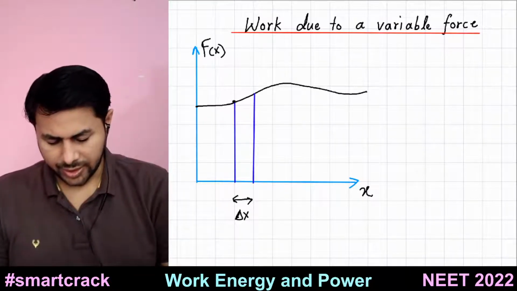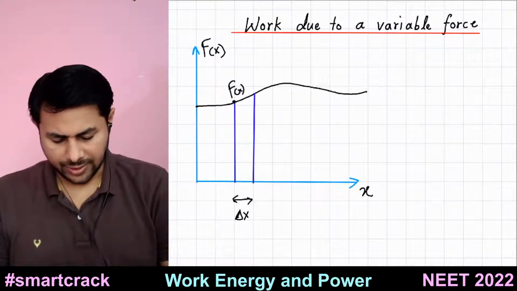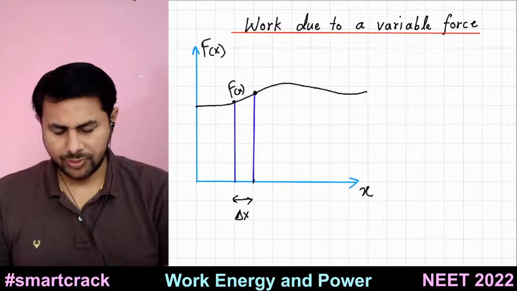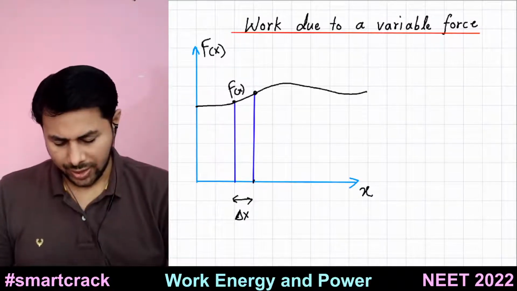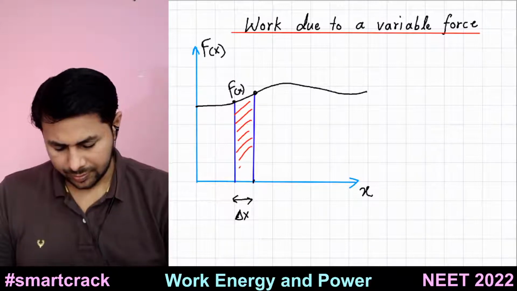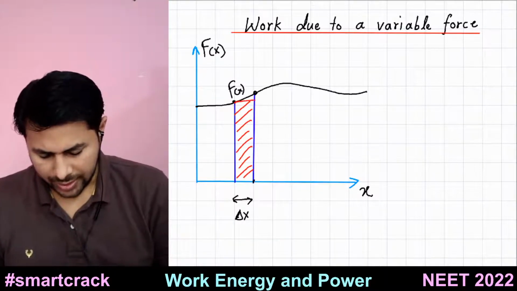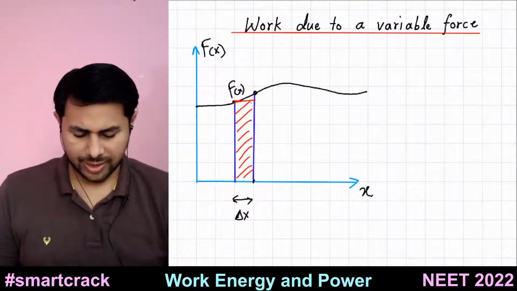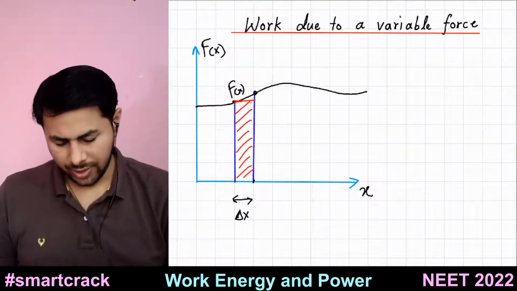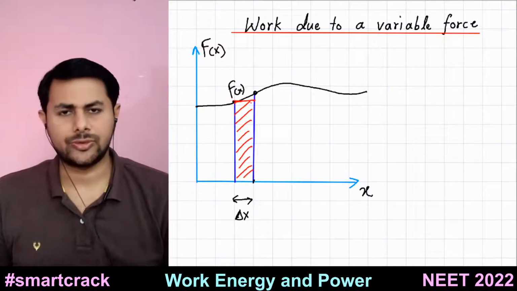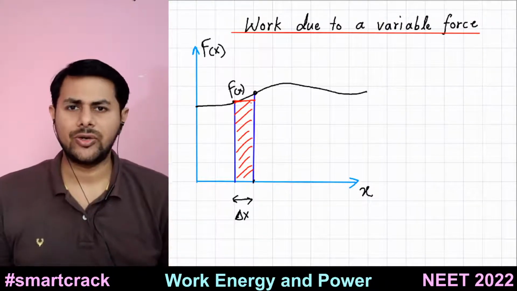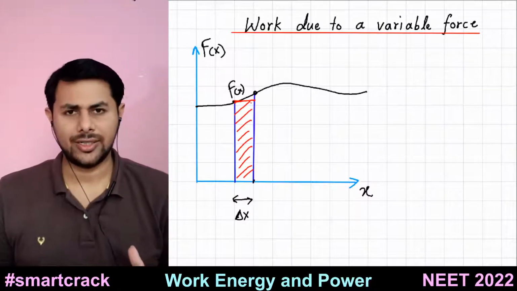So the force over here is f of x, and here it will be f of x plus delta x. So approximately the work will be equal to what? If you draw a rectangle like this, approximately it will be the area under this rectangle, the work done from this position to this position. If you add all such areas, what will you get? You will get the integration.